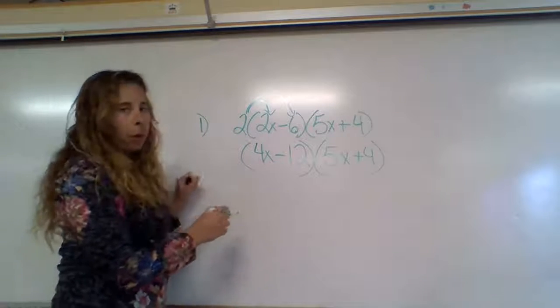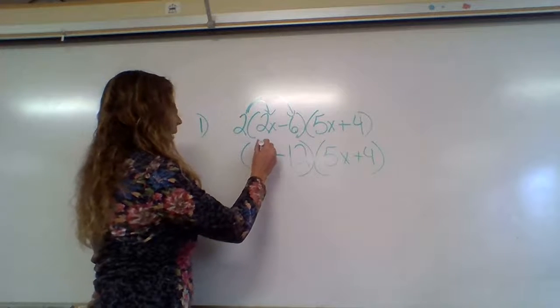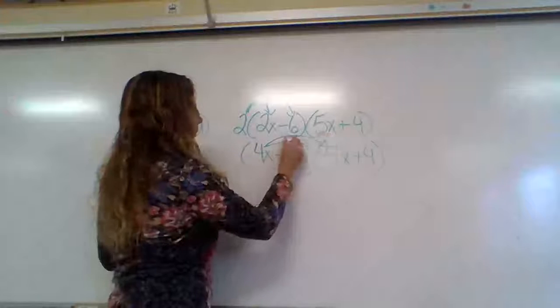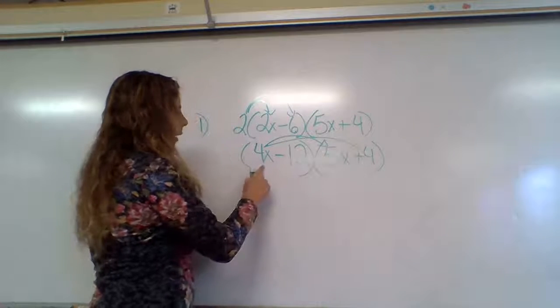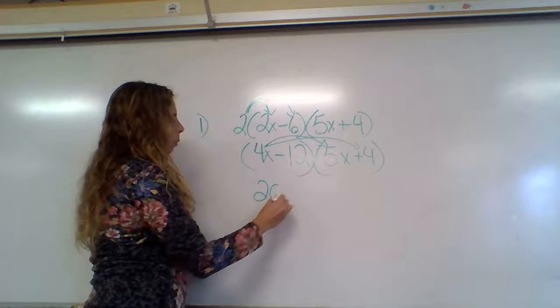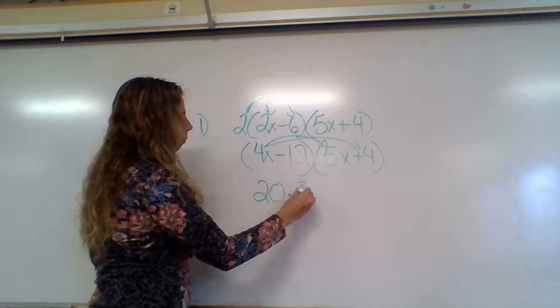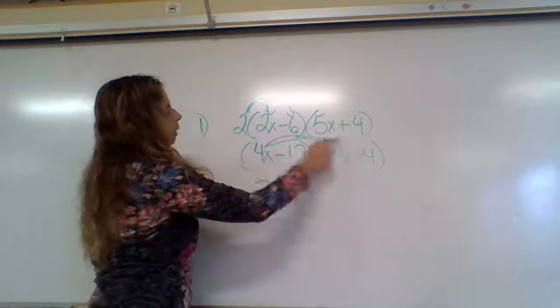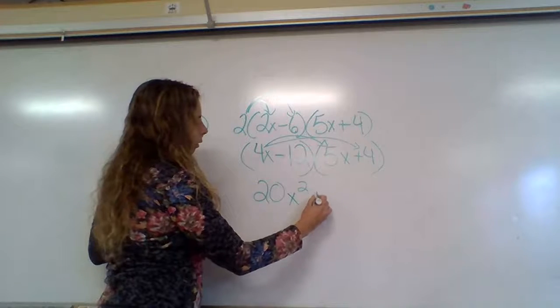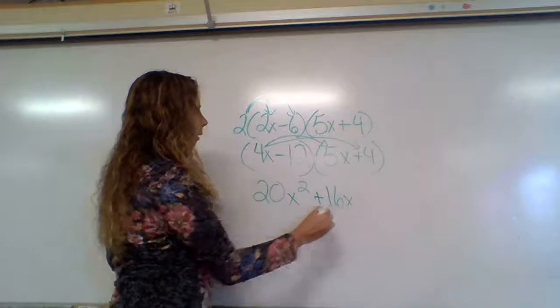Now we're just going to FOIL. We're going to start with my 4x. So 4x times 5x. 4 times 5 is 20. X times x is x squared. 4x times 4. 4 times 4 is 16 times x.